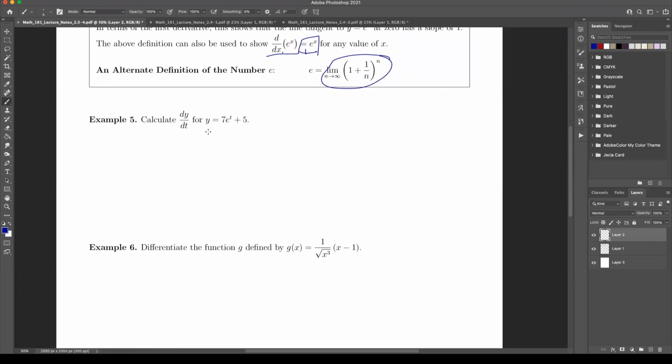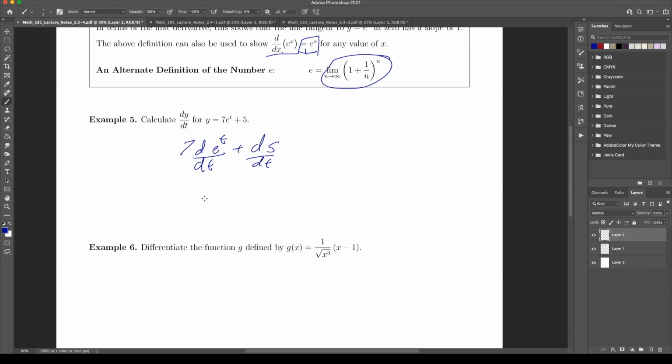So here, given y, if I want to find dy dt of this, I'd have 7 d dt of e to the t plus d dt of 5. So I can pull out the 7.